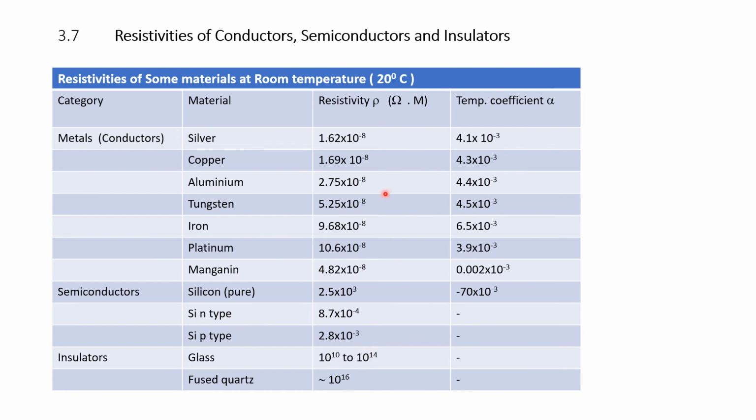So repeating, metals have very low resistivity, semiconductors have medium range resistivity, and insulators have very high resistivity. Temperature coefficient of resistance is important for metal conductors in designing circuits.